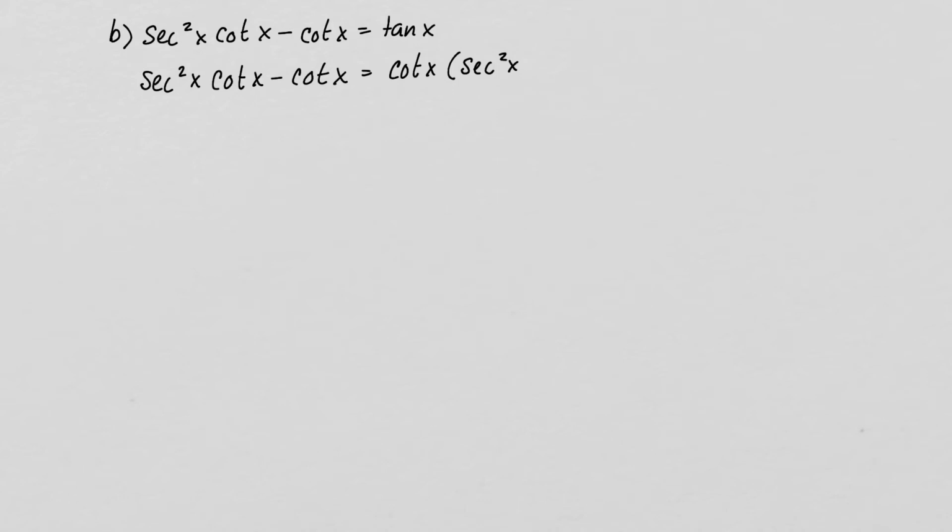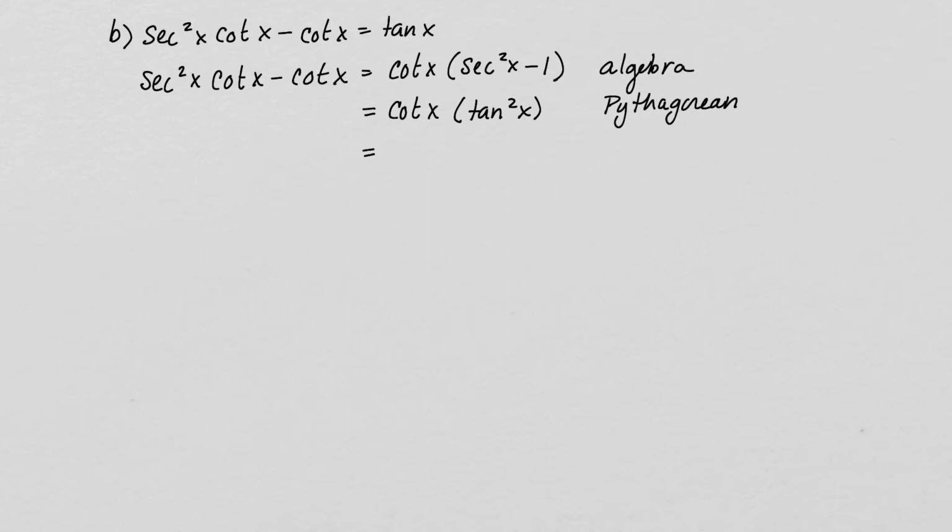Now, when I factor the cotangent out of the second part here, I'm taking it completely out, but I need to leave a placeholder. So that's where we put minus 1. And then secant squared x minus 1, so all we did so far here was some algebra. Then secant squared x minus 1 is actually the same as tangent squared x. So we have the cotangent of x times tangent squared x. And that's the Pythagorean identity.